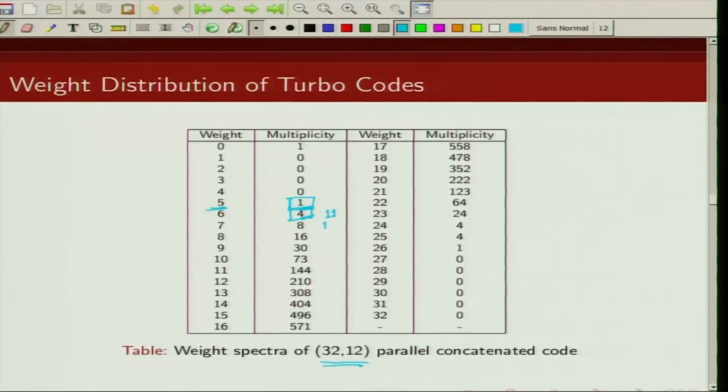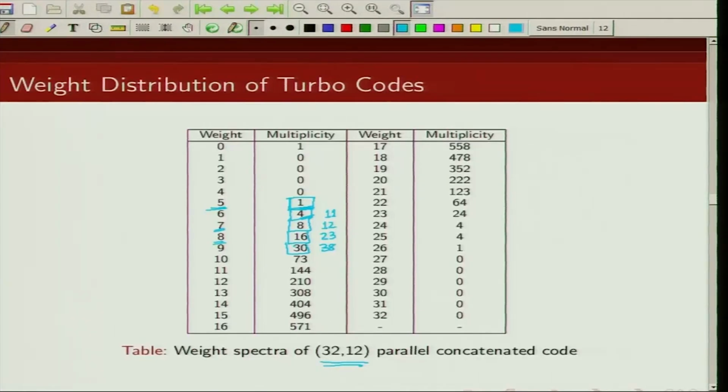We had 12 code words of weight 7 for the convolutional code, here we have 8. We had 23 code words of weight 8, here we have 16. We had 38 code words of weight 9, here we have 30.